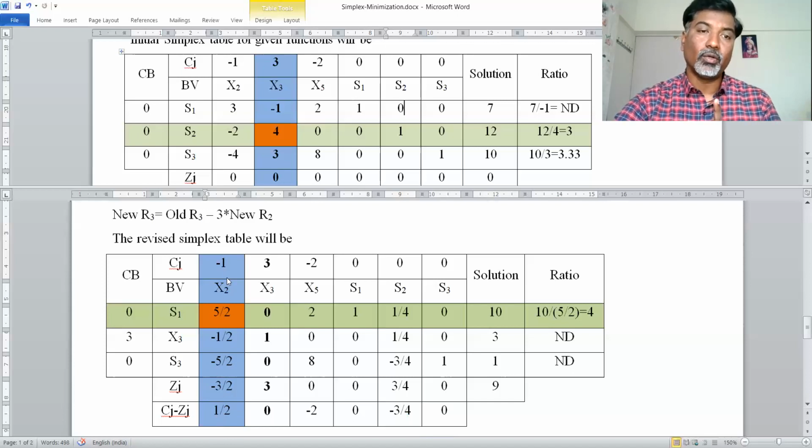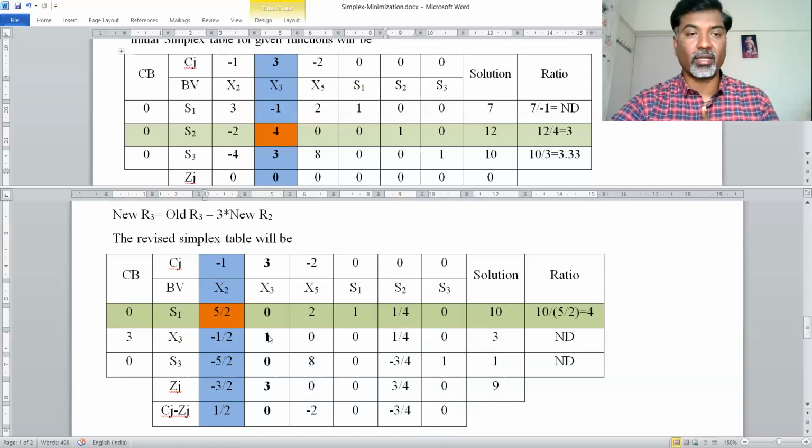And what you have to do? We have to divide the solution values by these key column values. So here 10 divided by 5 by 2, if you do the calculation, you will get 4. Then 3 divided by minus 1 by 2.